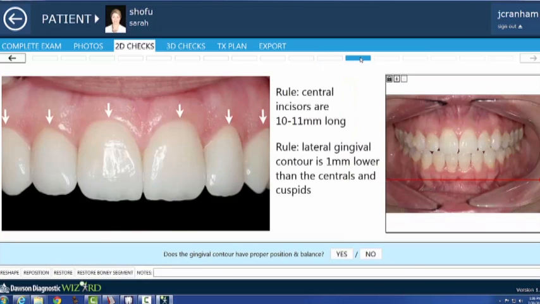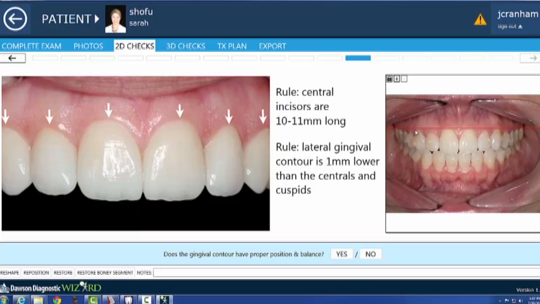Now, as we get into the mouth and start looking at the position and contour of the tissue, notice that we want the centrals to be dead on. We want the laterals to be slightly lower than the centrals, and then the canines back somewhere at the same height of the centrals. And of course, this is our model. So when we go back to Sarah, if we put this on the height of the centrals, what we can see is everything looks pretty good.